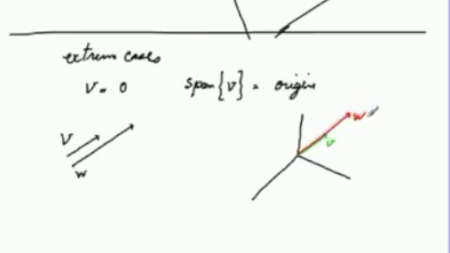Is the span of these two guys an entire plane? If I have one vector a multiple of another one, however I linearly combine these two things, what do I get? I get stuck on that line, is that right? I can never get out. This becomes the span.